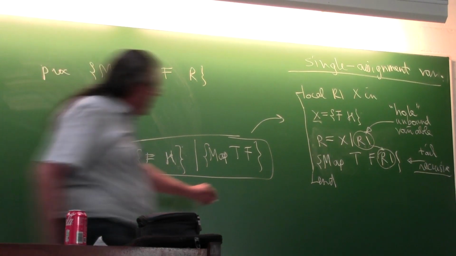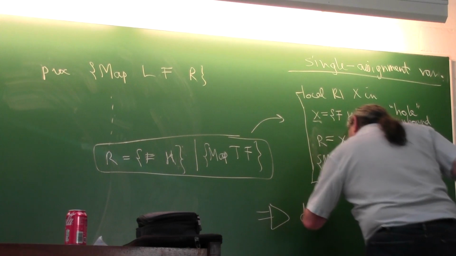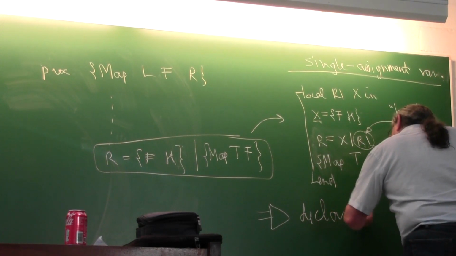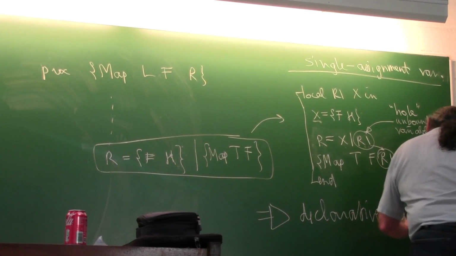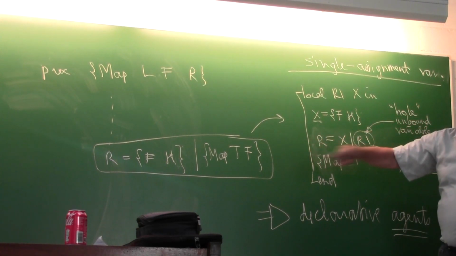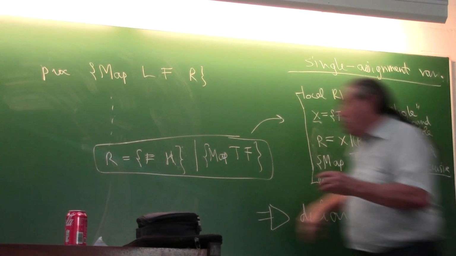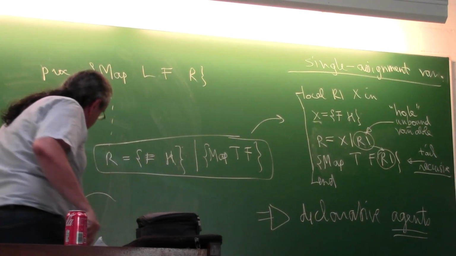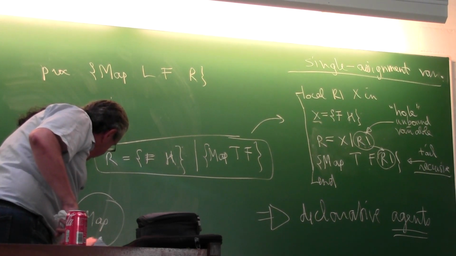But as we will see, it will allow us to do declarative, concurrent agents. So this notion of single assignment lets us turn the map into a concurrent agent. So remember how a concurrent agent works? You have the map, for example, running in its own thread.